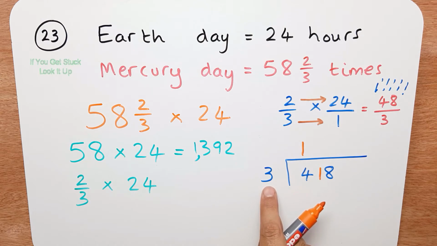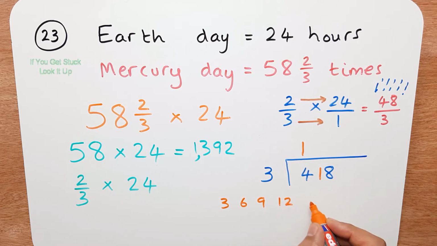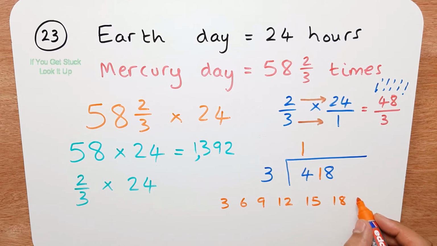Now my question is, how many 3s are there in 18? So let me do my 3 times table. 3, 6, 9, 12, 15, 18, 21, and so on.